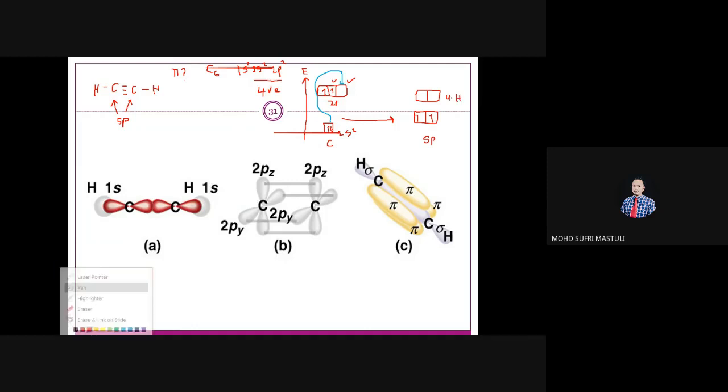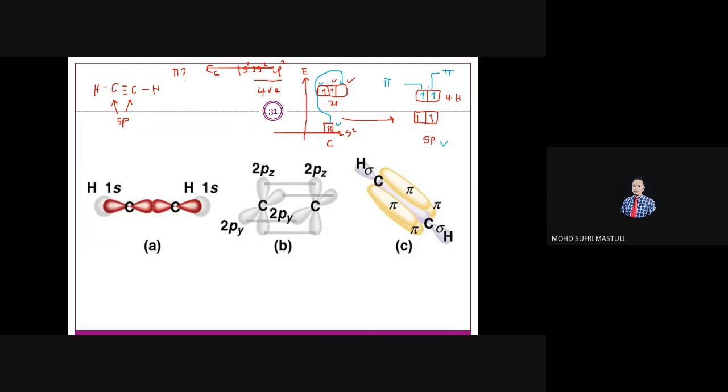We have two unhybridized electrons, 1, 2. The sp is one s and one p to form the hybridization. Another two, this one and this one, are unhybridized. So this one will form the first pi, and this one also forms another pi.